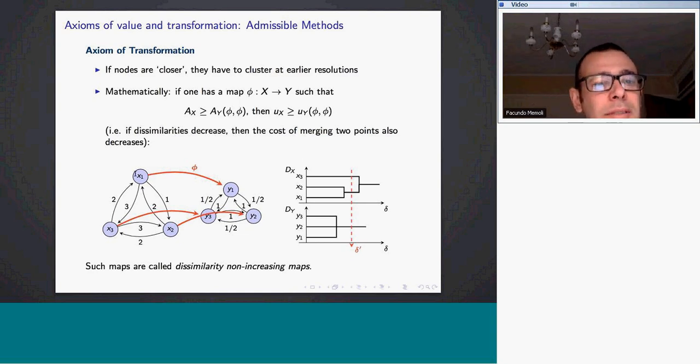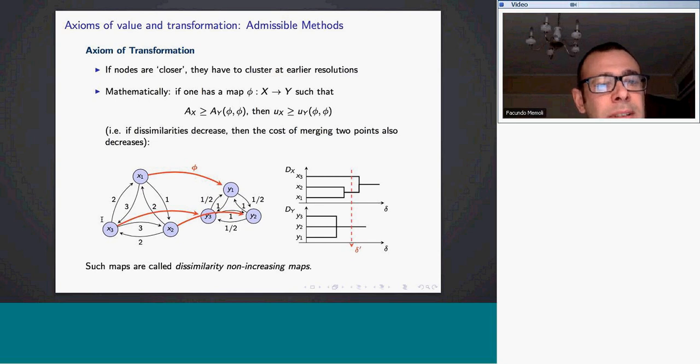The following: suppose that you have two networks, X and Y, and a map phi from the set X to Y that is dissimilarity non-increasing. Write UX for the output of applying your method to X, and UY for the ultrametric coming out for Y. So we satisfy the axiom of transformation if UY of phi(x), phi(x') is less than or equal to UX of x, x'.